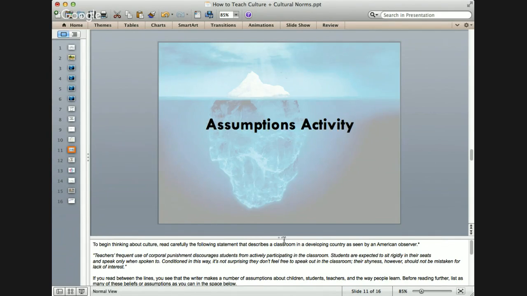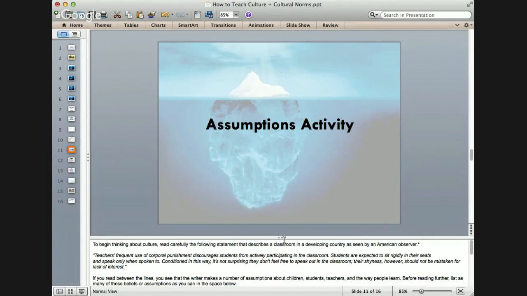Students are expected to sit rigidly in their seats and speak only when spoken to. Conditioned this way, it's not surprising that they don't feel free to speak out in classrooms. Their shyness, however, should not be mistaken for lack of interest." Do you want me to read that again? No, I think I have it. It kind of paints you a scene, right?